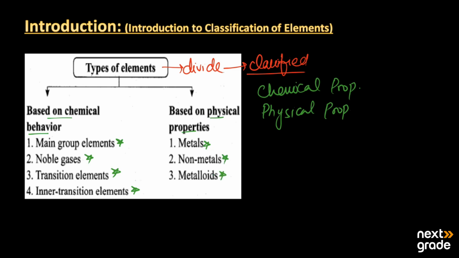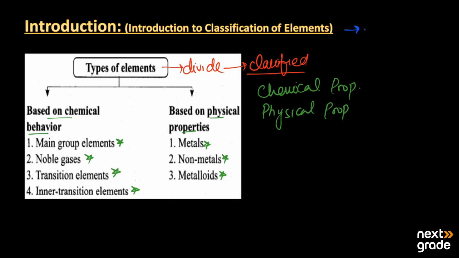On the other hand, the elements classified on the basis of physical properties are metals, non-metals, and the metalloids. When we have a look at the previous history of the periodic classification of the elements, it was really fascinating, but it cannot be treated in detail.